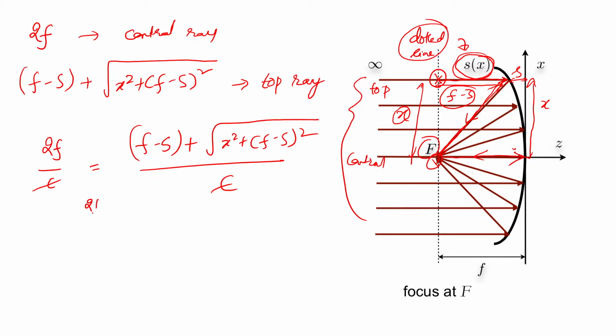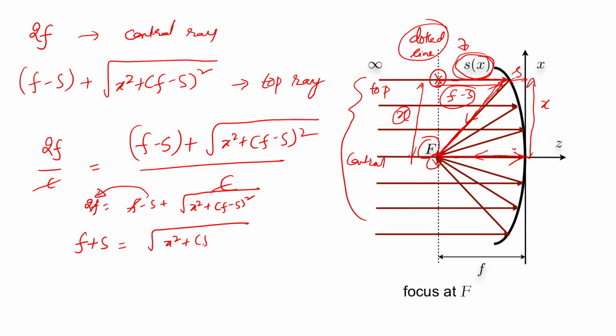We have 2f is equal to f minus s plus square root of x squared plus f minus s whole square. So 1f can be cancelled out, so here we have f. If I move this s this way, I have f plus s is equal to square root of x squared plus f minus s whole square.